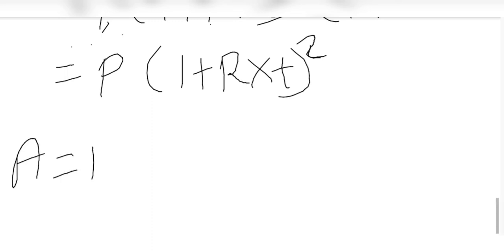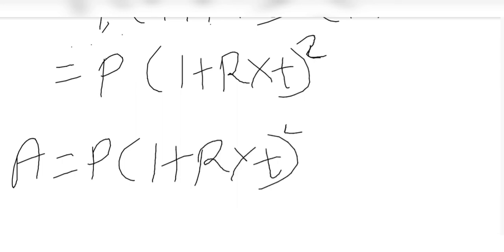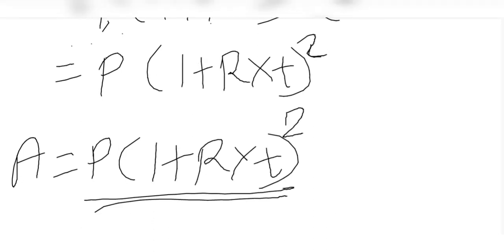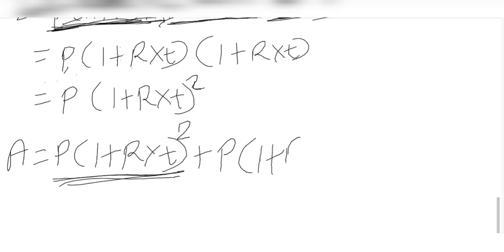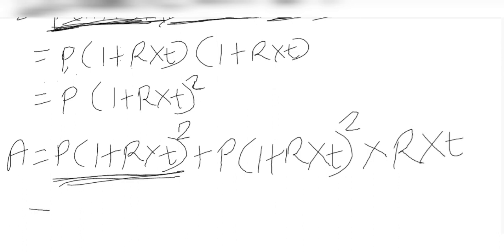This is principal P into 1 plus R into T squared plus interest on this, means P into 1 plus R into T squared into R into T. Now these two are common.